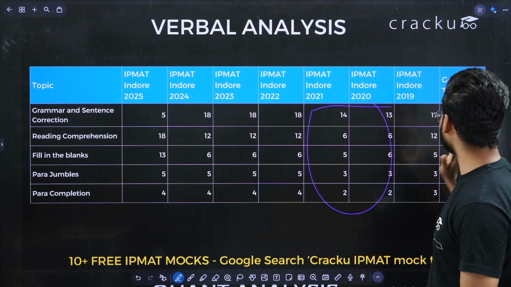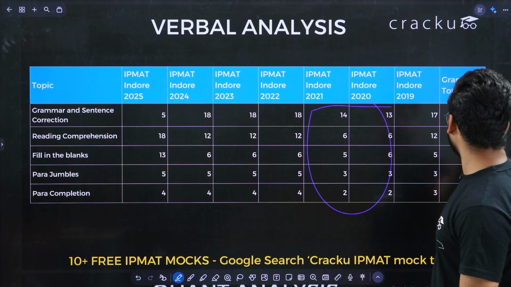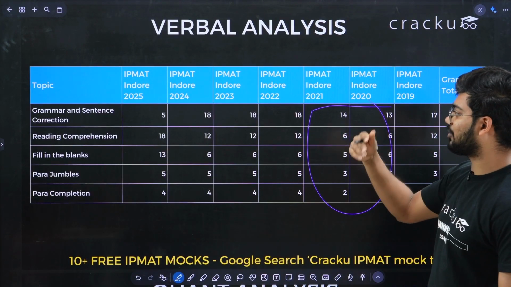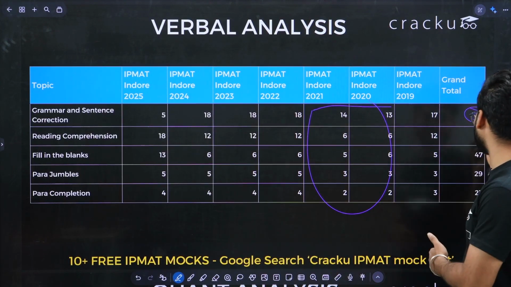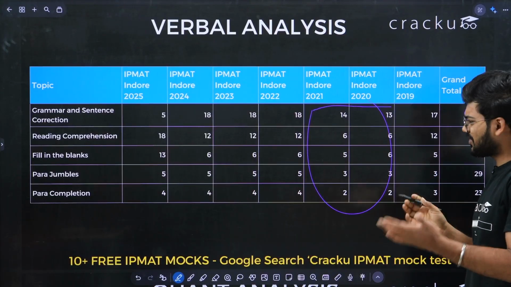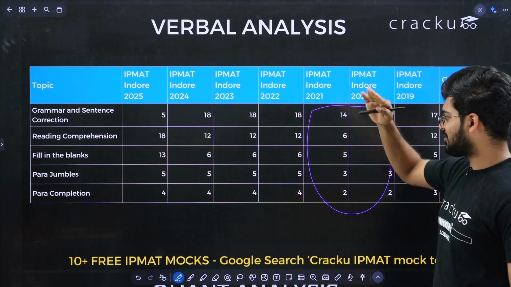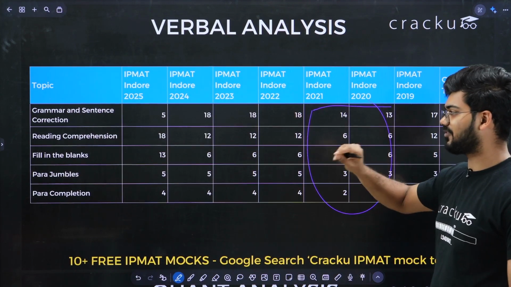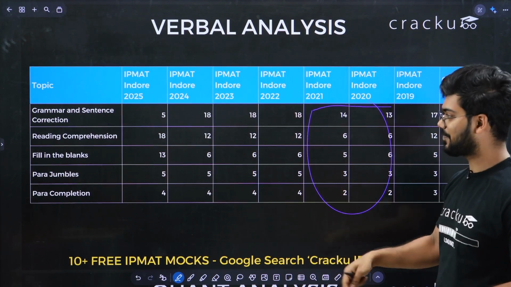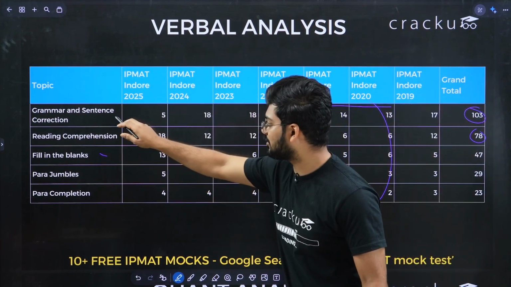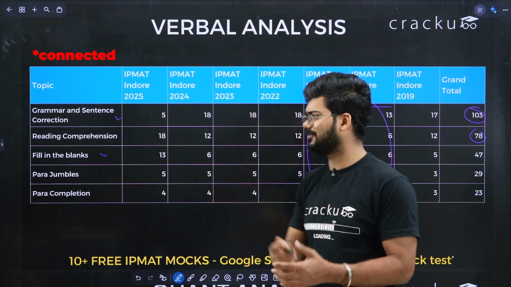If we see these 6 years, 103 questions came for grammar and sentence correction, reading comprehension 78 questions. This proves our strategy is fine, it works, right? Strategies: grammar, sentence correction, reading comprehension, fill in the blanks is a must thing. And remember, fill in the blanks and grammar and sentence correction are corrected.